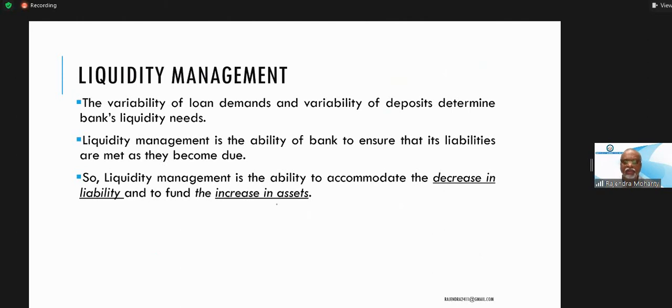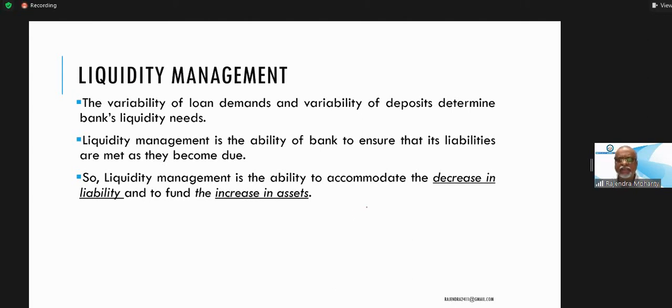Okay, so you can say it is the ability of the bank to obtain sufficient fund when the fund is not there. How will it be obtained? Either you increase the liability, means you go for deposit canvassing, somebody has a connection with you, so immediately he can support with some deposit, or you can borrow also.